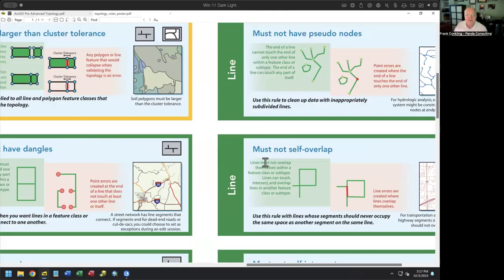Where is that here? Must not self-overlap. And that's a little bit different because what that means is that that line can't come back and go over itself. Over here, where it must not overlap, that's two different lines. Must not self-overlap means one line can't come back around and go back over itself again.